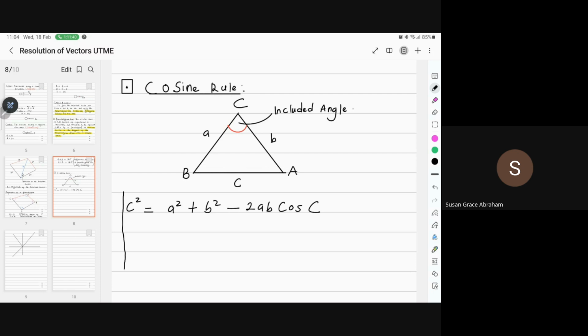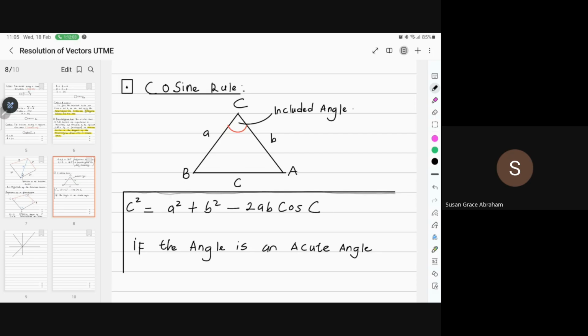For this one, if the angle is an acute angle. Someone among you asked me this very question, and that is Mesoma, and she's not here now. She sent the image to me on WhatsApp, and I dropped a voice note for her, but she's not here now.